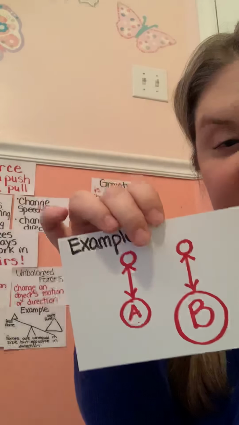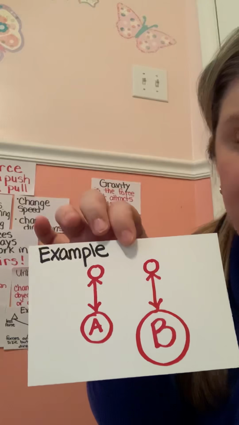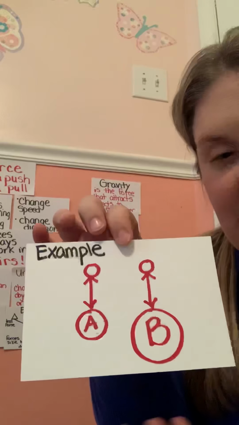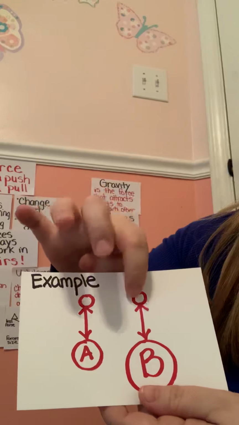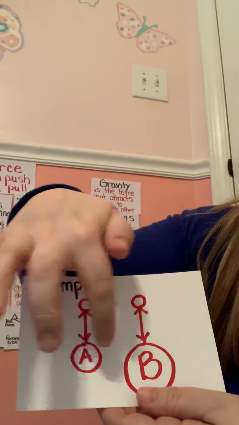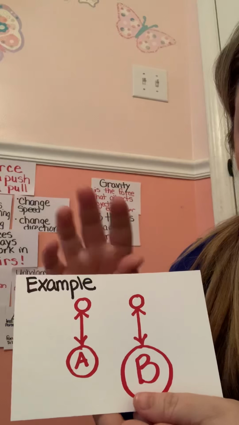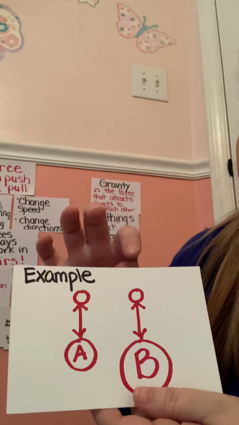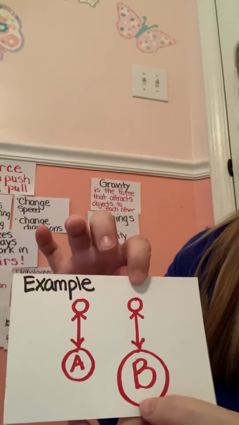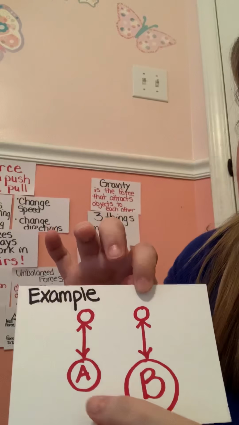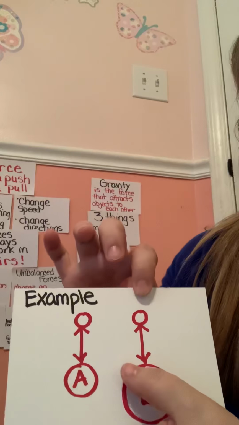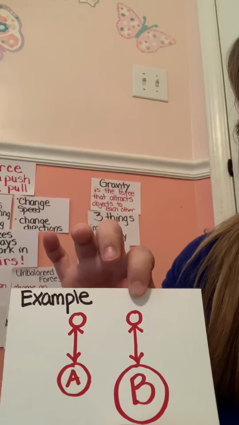I've got this card, and I just made them as circles. You can pretend they're planets or whatever you'd like. These are being pulled together. You can see that B has way more mass than A does in my picture, but their distances are pretty much the same apart.